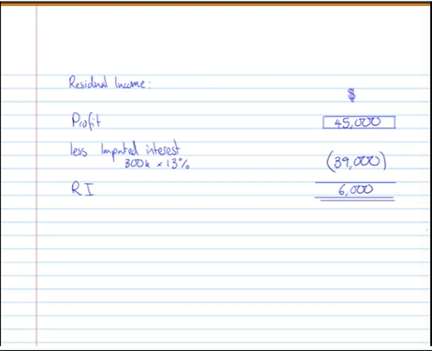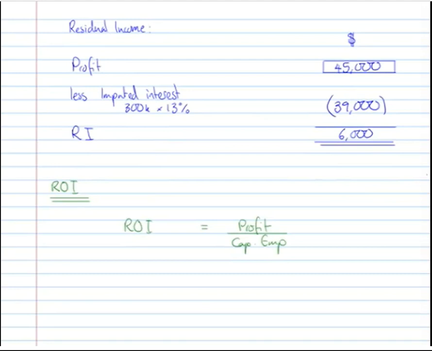From here, we can now go to our ROI calculation and see if we're able to get the final figure. We know that ROI is equal to our profit over our capital employed. We didn't know what the profit was, but having done the first part of our calculation, we now know that it's 45,000. Our capital employed, well, we know that capital employed is 300,000.